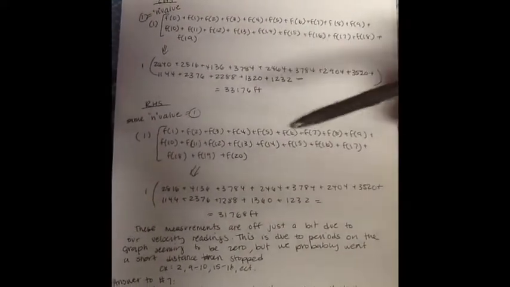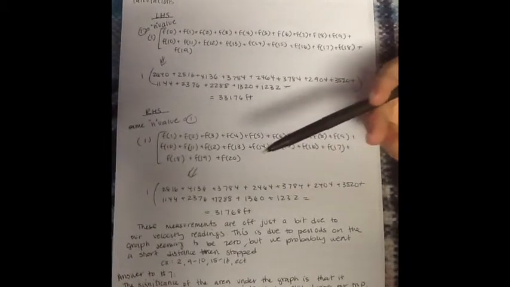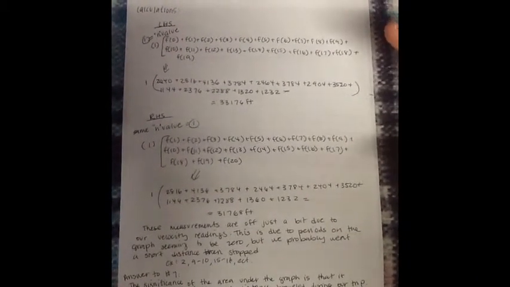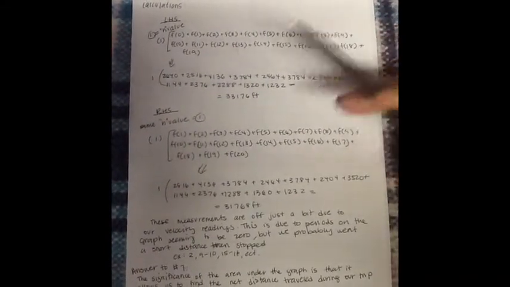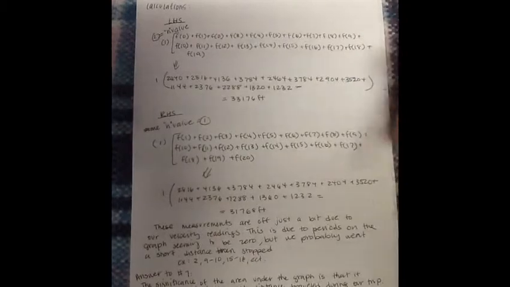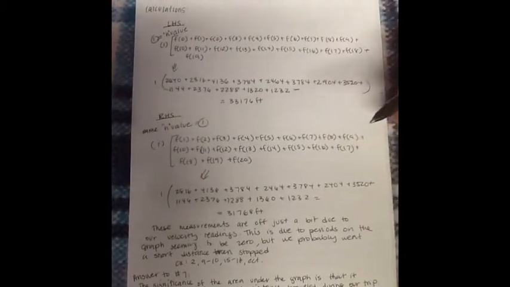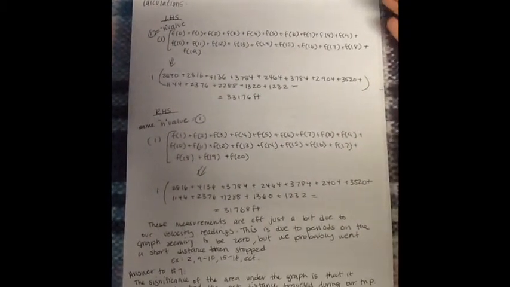The answer to number 7 talks about the significance of the area under the graph. When we are finding our left and right-hand sums, we are trying to find a more approximate measure of what our area under the curve is. In this case, with our car problem, it's the net distance traveled during our trip.